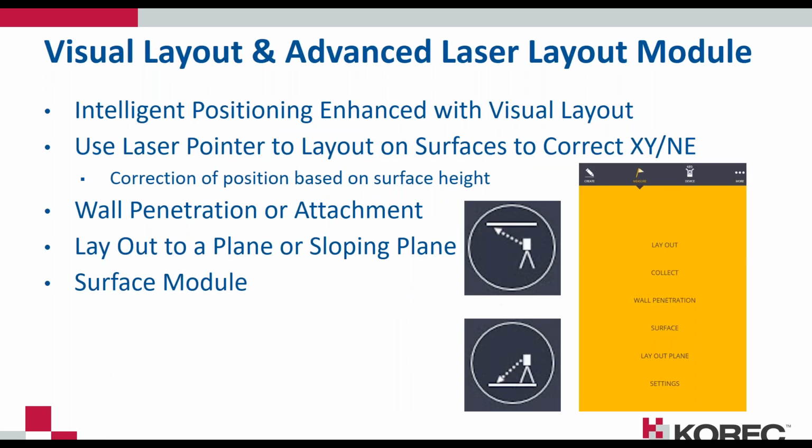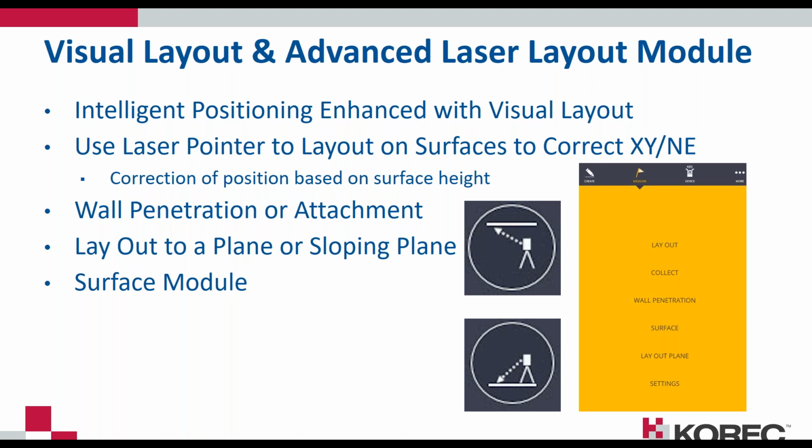Visual layout and layout module. This is a feature for easy identification and layout of points directly on the surface, either for interior walls or inserted point locations, or on the floor or deck. This function enhances the capabilities of the RTS series of instruments, such as the RTS 873, for example, providing flexible use of the DR layout.